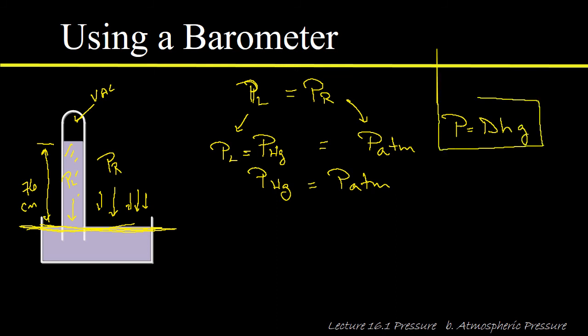Even though we can't use that to calculate atmospheric pressure by using the density and height of the atmosphere, we can use that to calculate the pressure of this column of mercury over here on the left. And since the two are equal, that gives us an indirect way of calculating the atmospheric pressure.